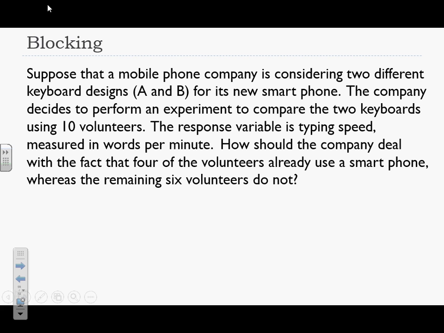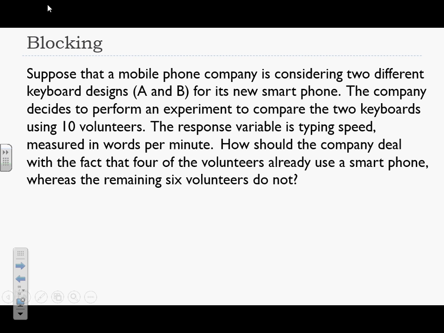Okay? So, with that information, how would I actually attack the design of this experiment? What would I need to do first? Exactly. We'd have to separate the people who use smartphones already from the people who do not. So I'm going to put the 4 smartphone users into one group. I'm going to put the 6 non-smartphone users into a separate group.